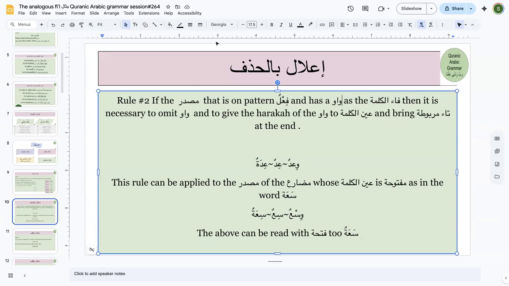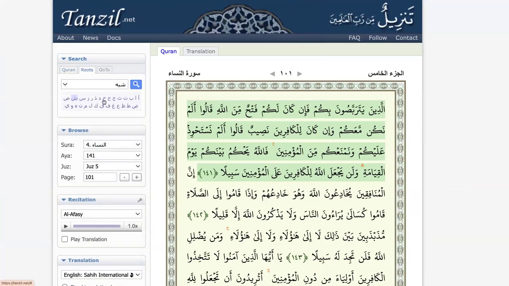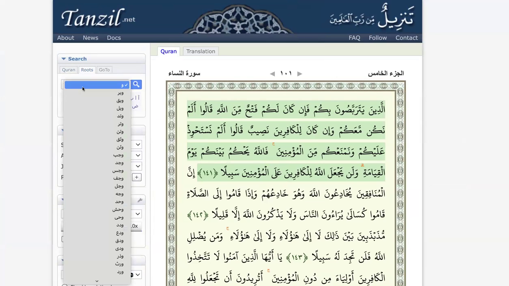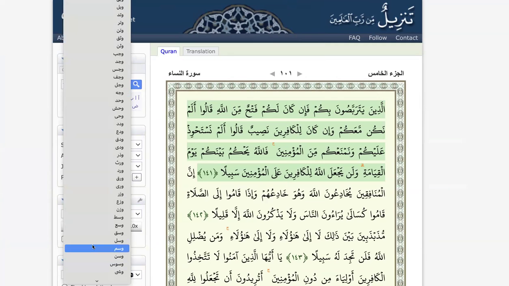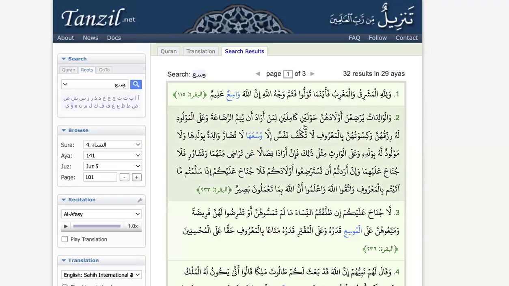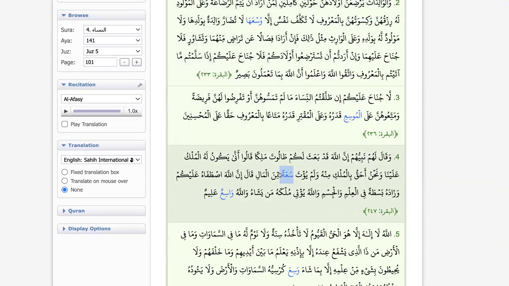Okay, let me rephrase myself. Let me ask you now based on what we find in the Quran. Let me just see if you really understand. Okay, a little confusion. Let me just show you something. Okay, here we have alhamdulillah a lot of examples. Sa'atan.